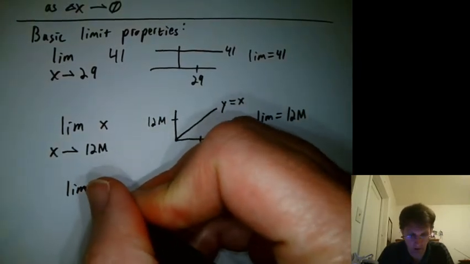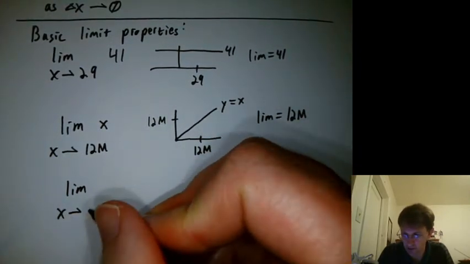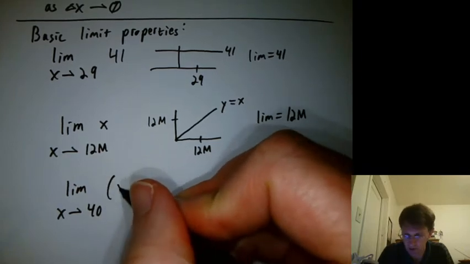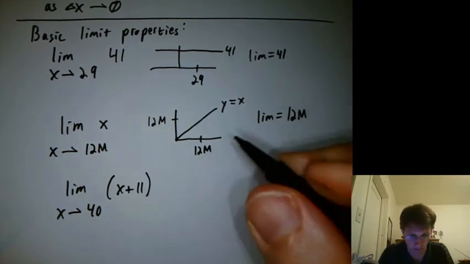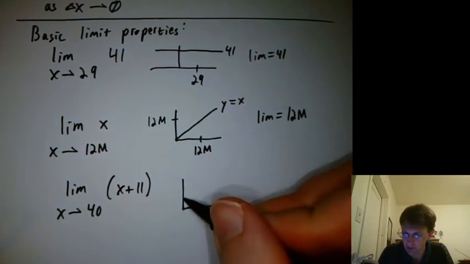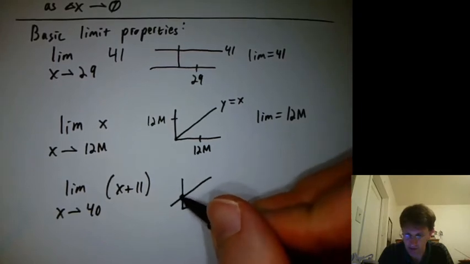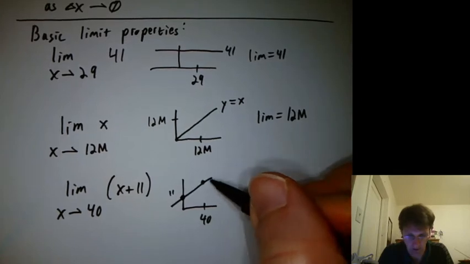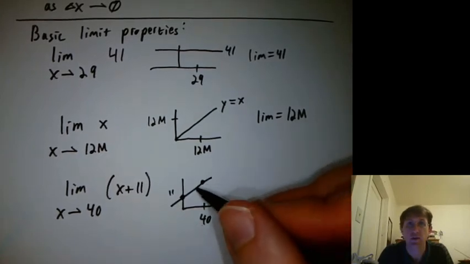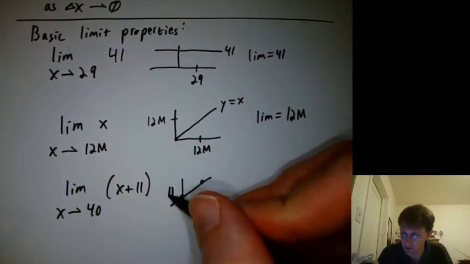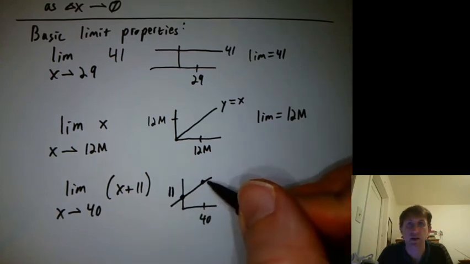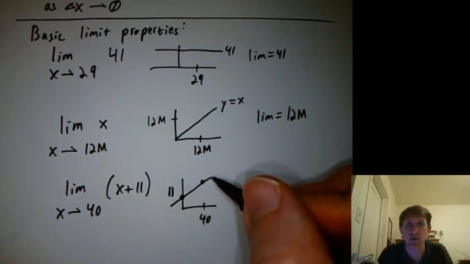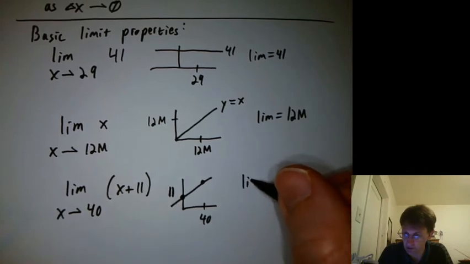Let's get slightly more complicated here. How about the limit as x approaches 40 of x plus 11? Let's graph x plus 11, with a y-intercept of 11. Here's 40. What are the y values approaching as x gets close to 40? You'd probably say 51, right?